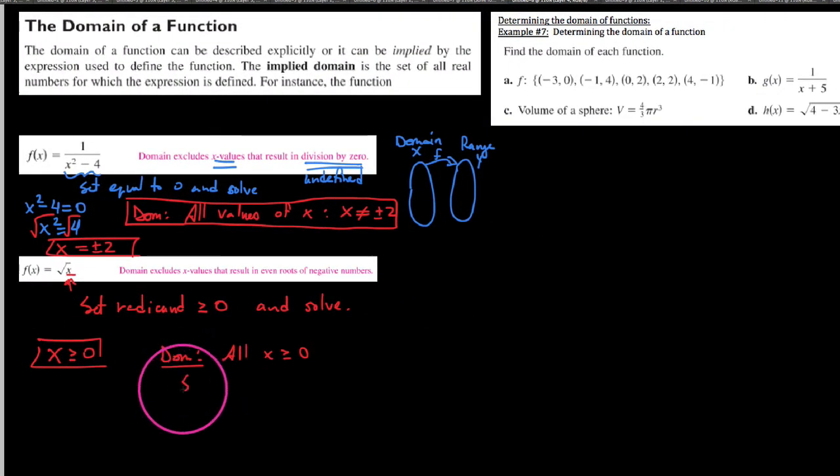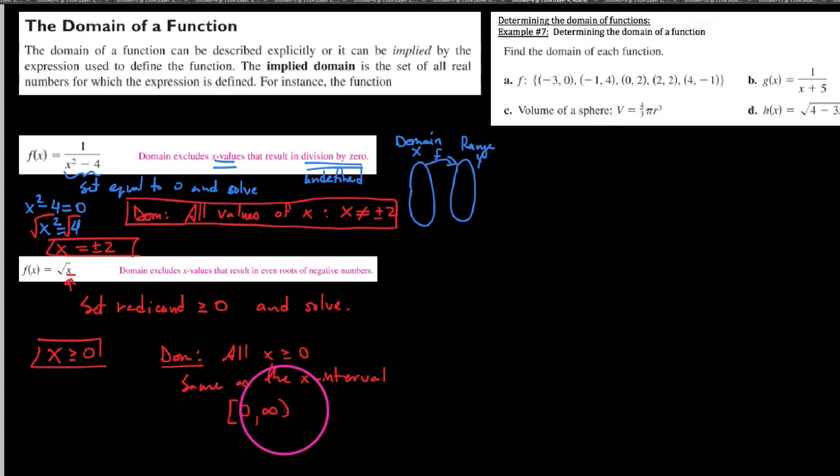We could say that this is the same as the x interval, an interval of x values that we list this way. We say from 0 and going out forever and ever till you get to infinity.